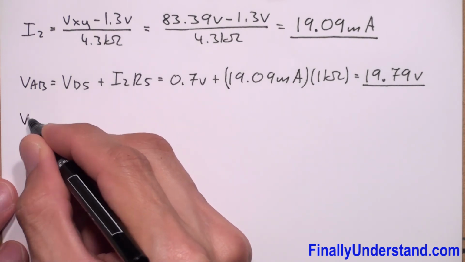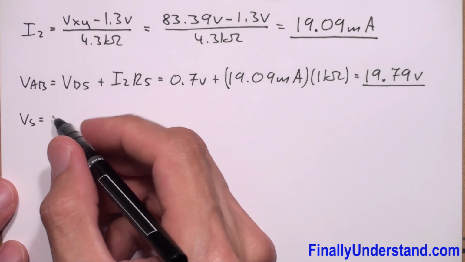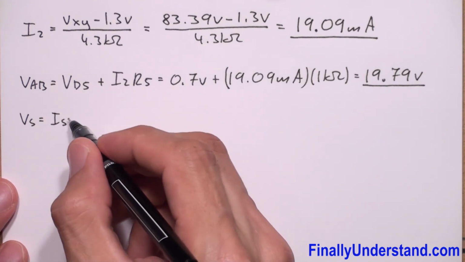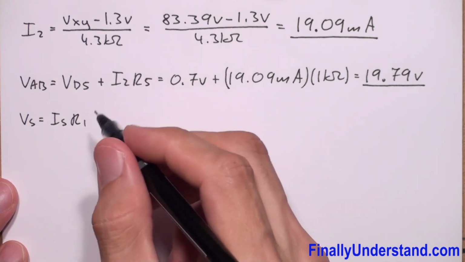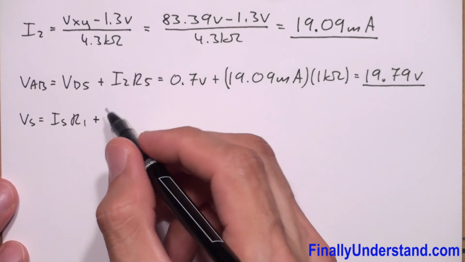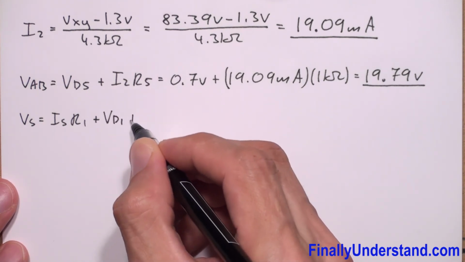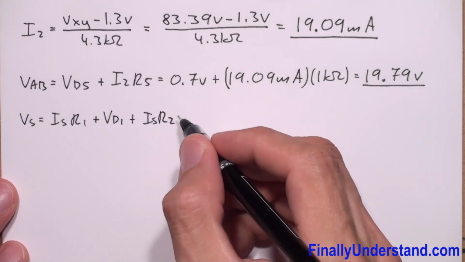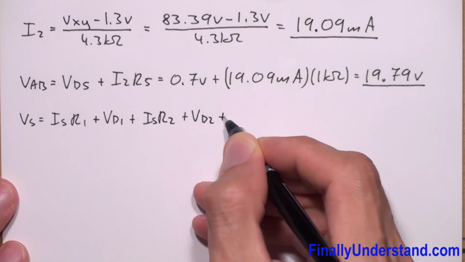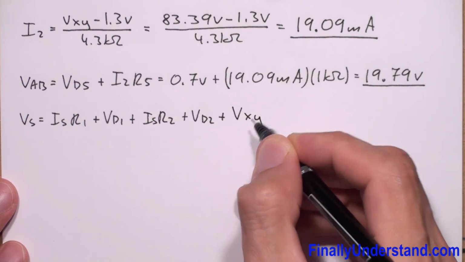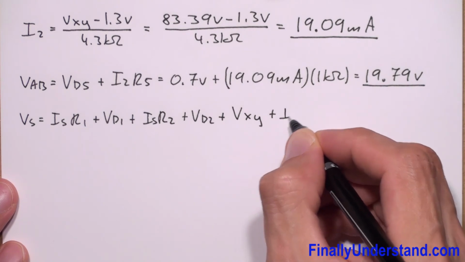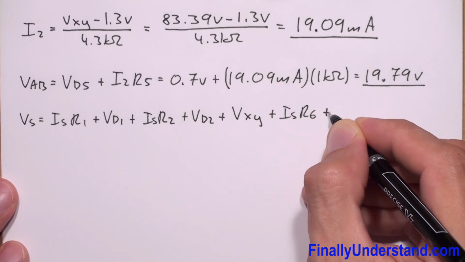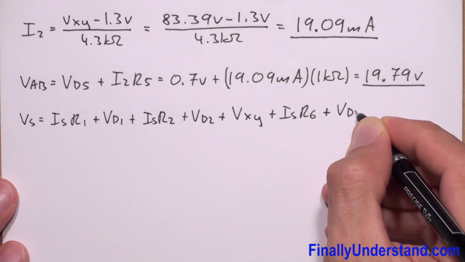The voltage source is equal to, because I have resistor R1 and I have the I source already, I source times R1, this is my voltage drop across resistor R1, plus VD1 plus I source times R2 plus VD2 plus VXY plus I source times R6 plus VD7.